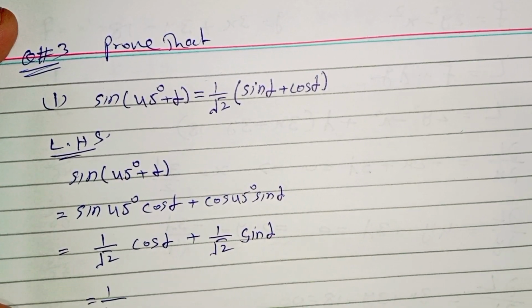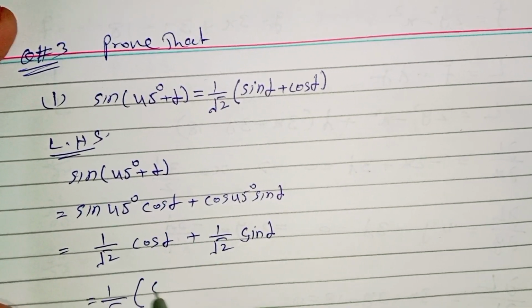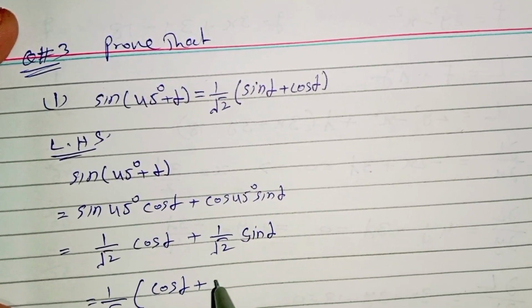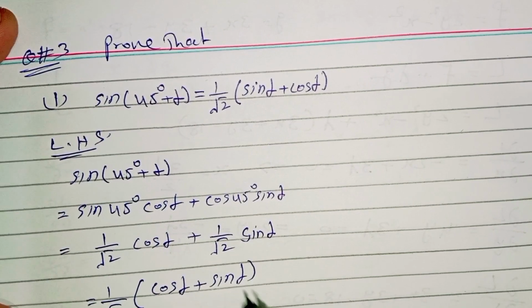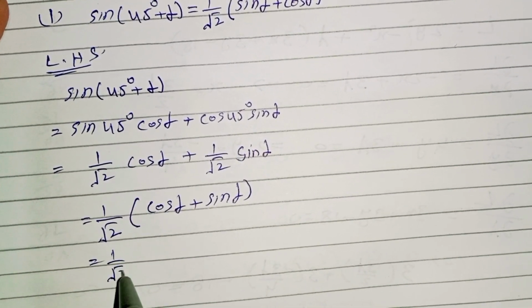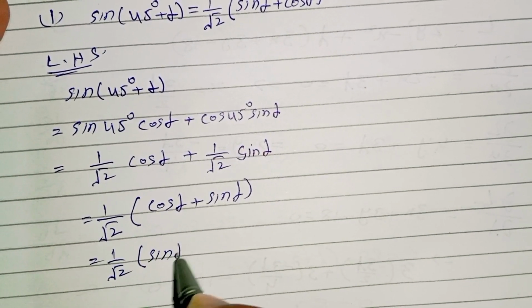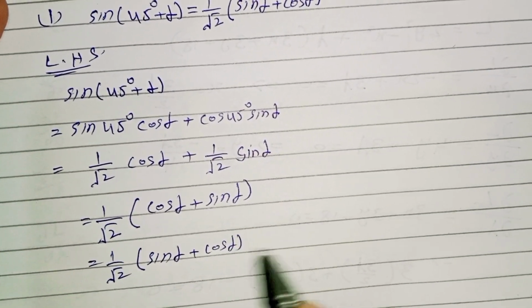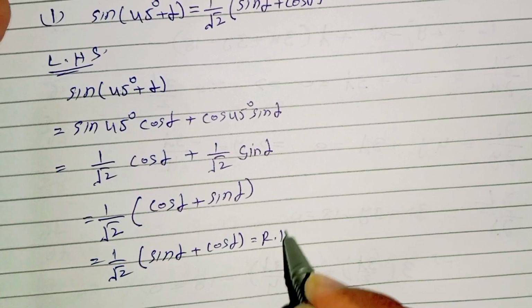By taking common 1 over square root 2, we have cos alpha plus sine alpha. It can be written as 1 over square root 2 into sine alpha plus cos alpha, which is required right hand side.